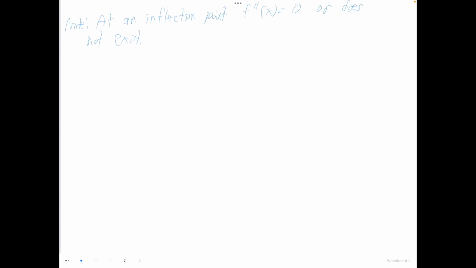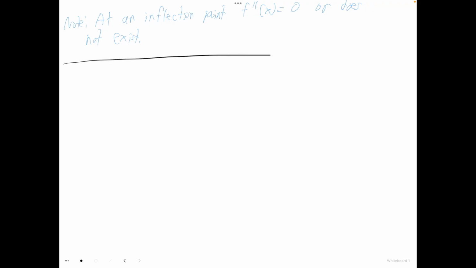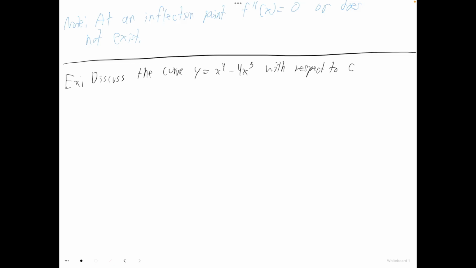And so let's look at an example as follows. We want to discuss the curve y equals x to the fourth minus 4x cubed with respect to concavity, inflection points, and also increasing and decreasing.